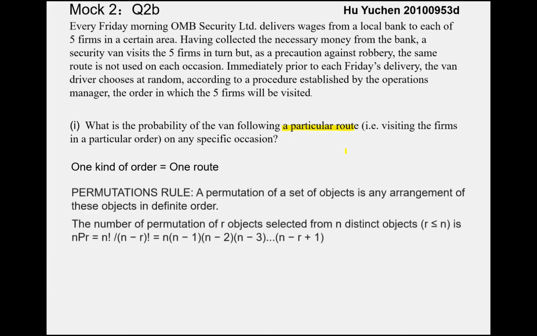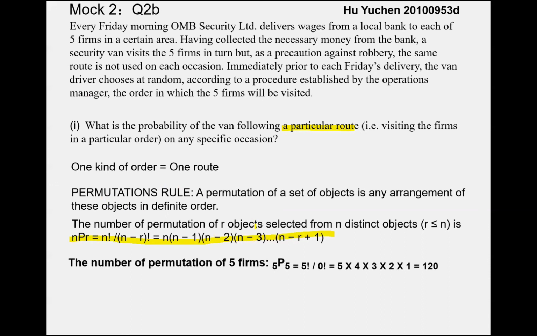Then we need to use the permutations rule. A permutation of a set of objects is any arrangement of these objects in a definite order, which we have learned in lecture 2. And this is the formula for the permutations rule.